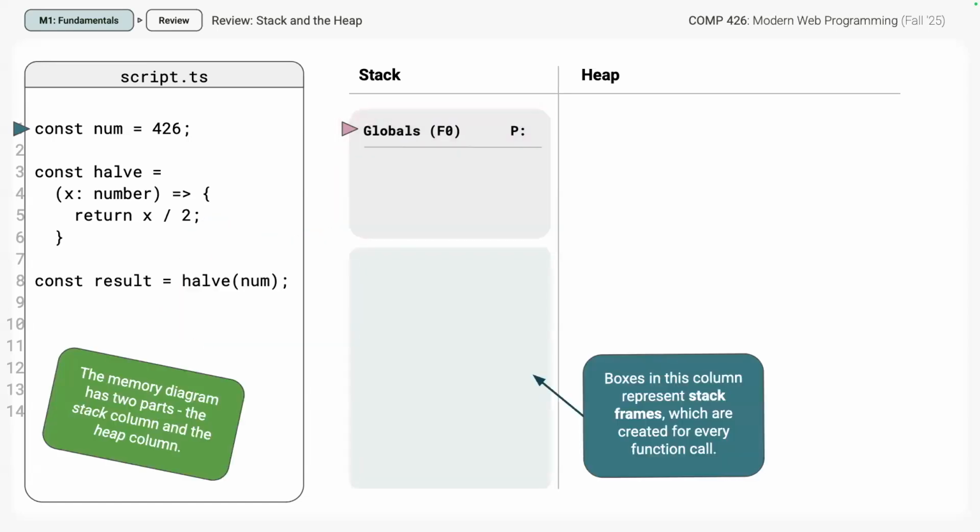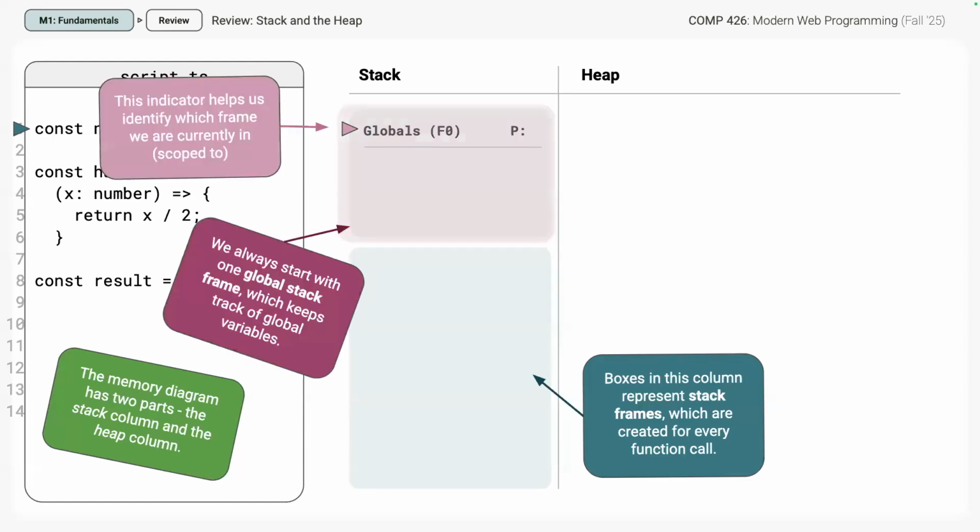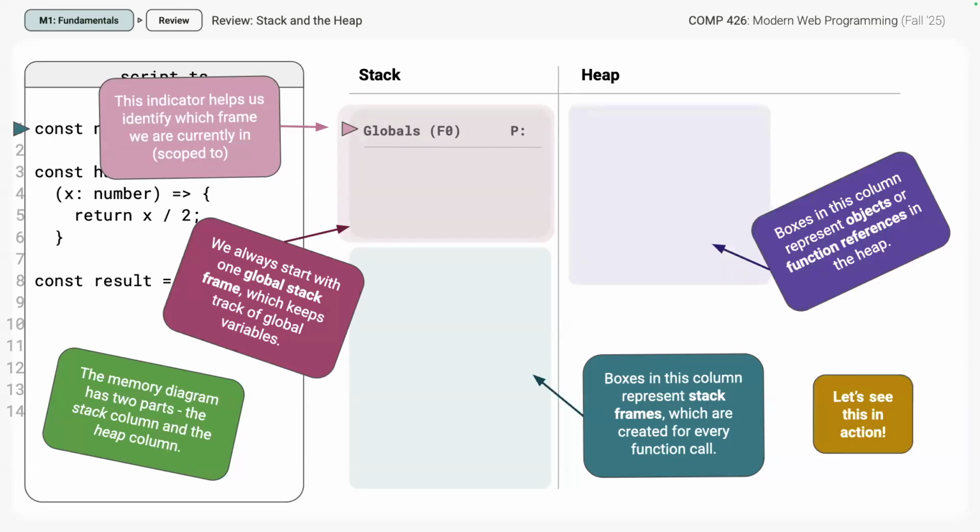So how we typically go about this is we will add an entry. Also, I jumped a little bit ahead: we have two columns, stack and heap. Boxes in that column represent stack frames. I also have a little identifier here for determining which frame we're currently on, so it's easier to see. And boxes on the right side will represent the heap.